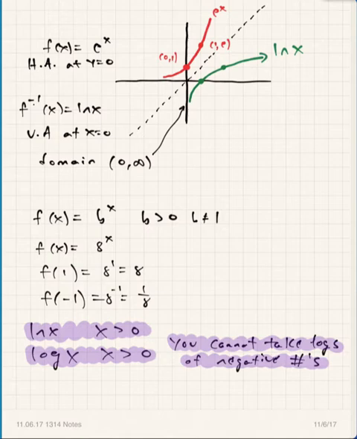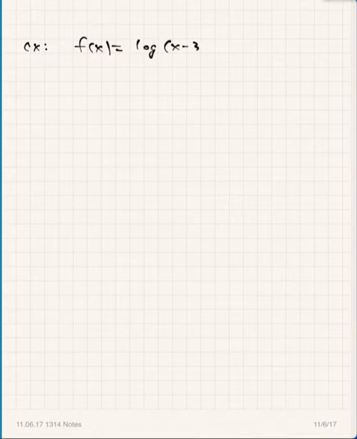All right, so to finish class out today, if we have a function like this, f of x equals log of x minus 3, this is a base 10 logarithm. If we wanted to look at the graph of this function, one thing we know is we can't take the log of a negative number.